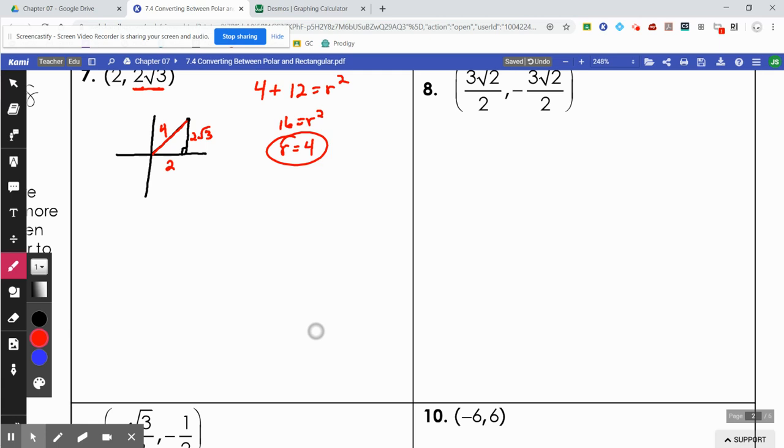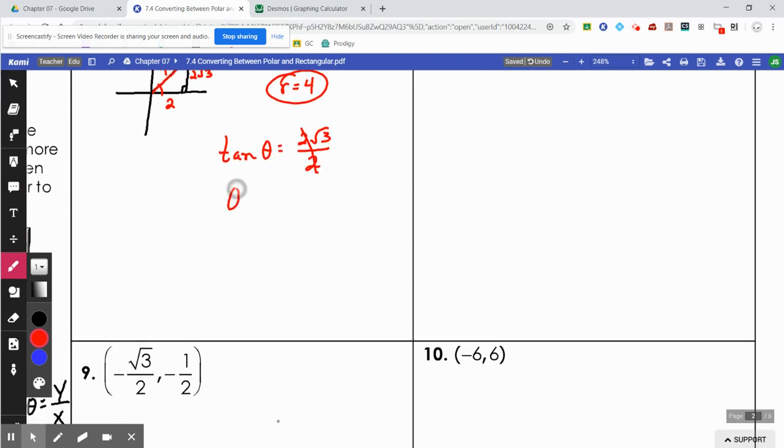Now, how do we find the angle? We do the tangent of the angle is opposite over adjacent. Now, they've done you a favor here. They give you one that you know. So the inverse tan of root 3, the tangent of what angle is root 3? Well, I know that there are a couple of angles there that give me a root 3.